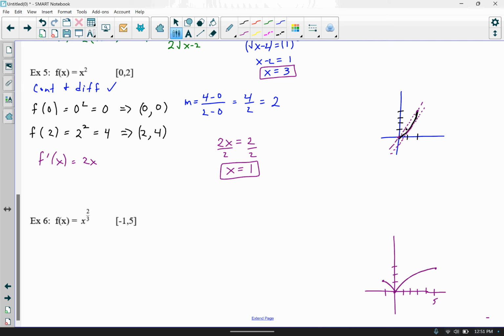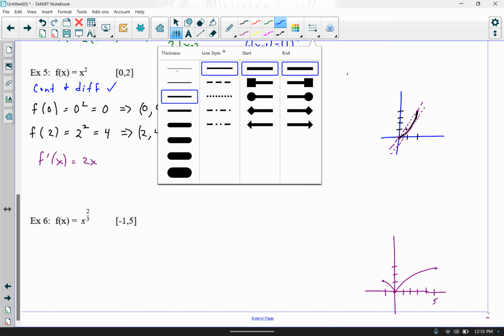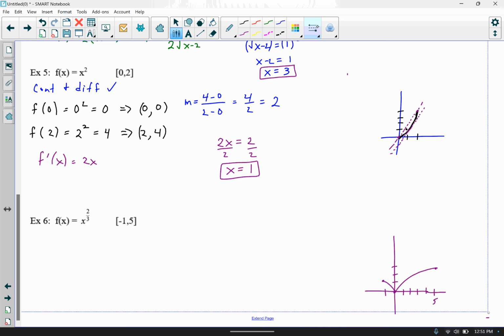But if you were to plot this in your calculator, you would see that it's not smooth, that you have a sharp turn there at 0. So because I have a sharp turn, what's the problem? What am I not? Hopefully you agree you're not differentiable, right? You're definitely continuous. Check.